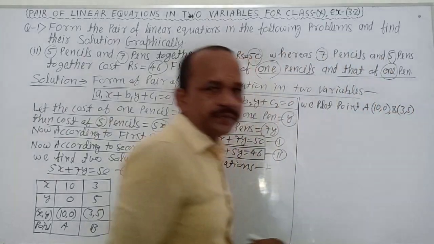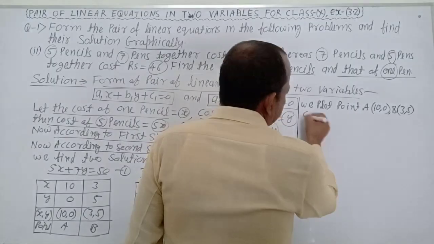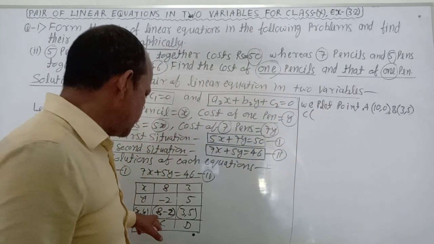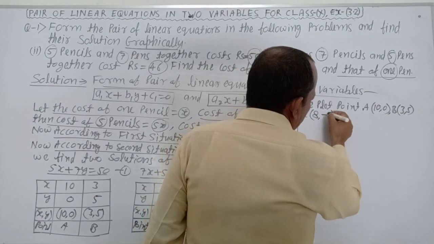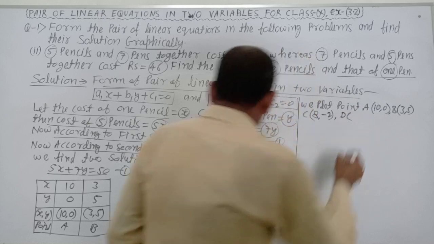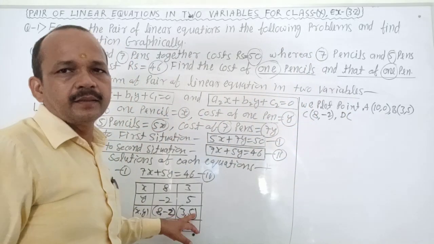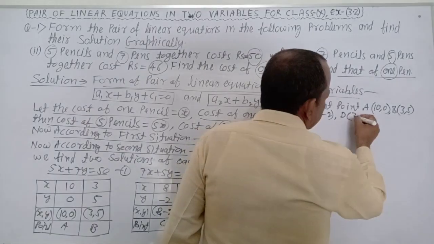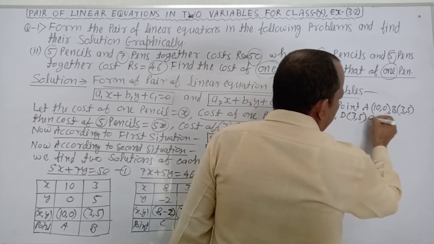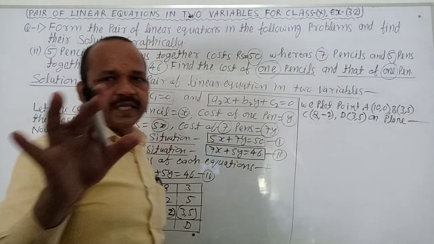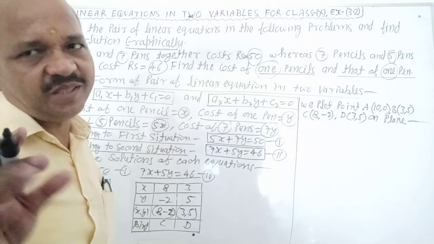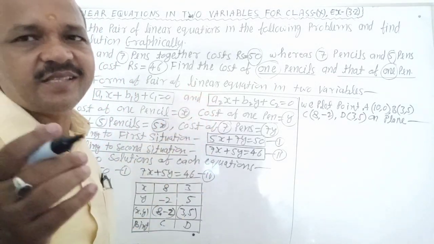C means 8 and minus 2. D means 3 and 5 on the plane. It is clear? No confusion about it. Very good. It is very easy.